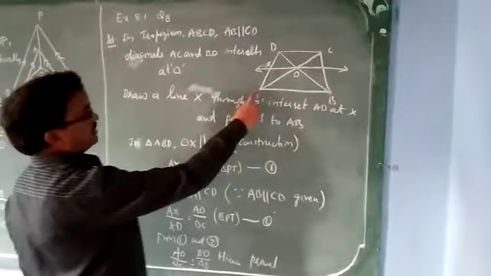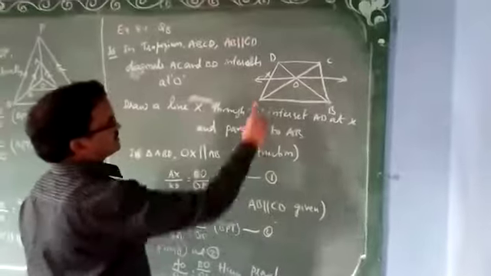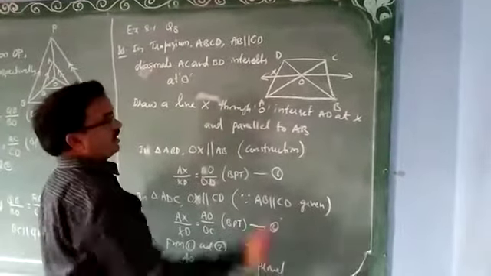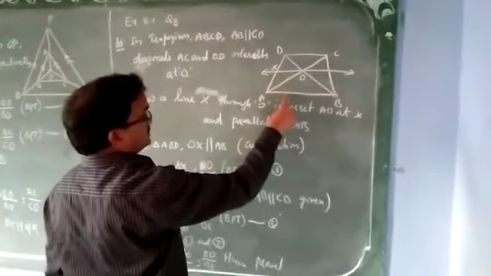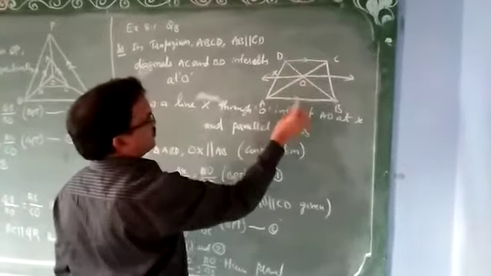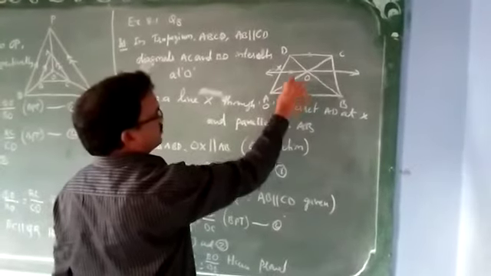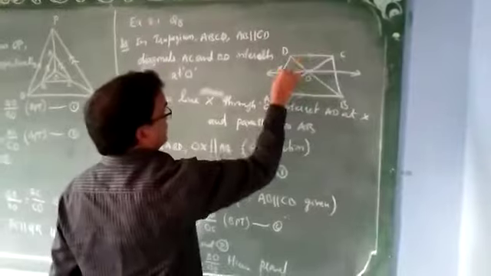Next, you take triangle ADC. In this, XO is parallel to CD. Why? Already AB is parallel to CD is given. XO is parallel to AB by construction, so it is parallel to CD also. In this triangle it divides in the same ratio.